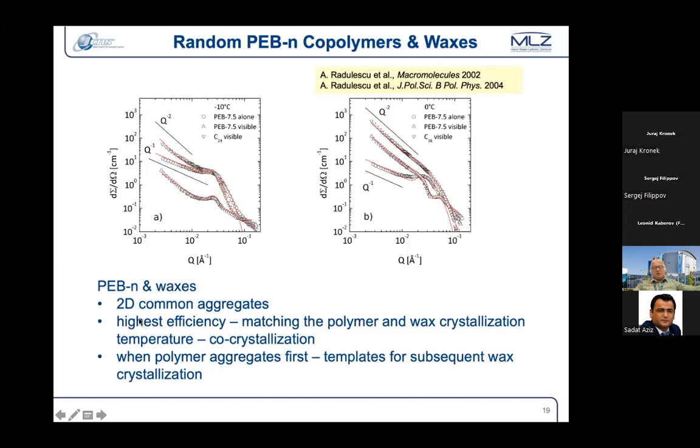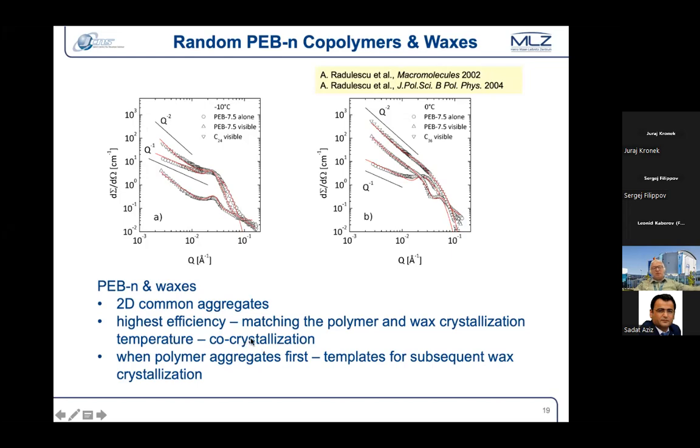We also measured different materials, concentrations, temperatures, and wax molecules, and the highest efficiency in controlling the crystallization of waxes was shown when we had matching of polymer and wax crystallization temperatures.